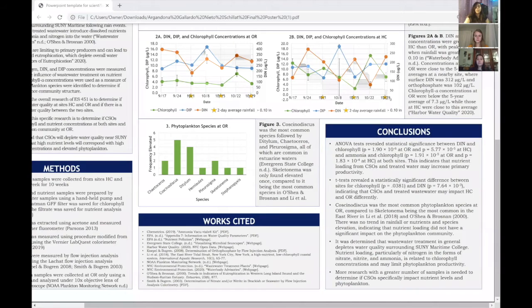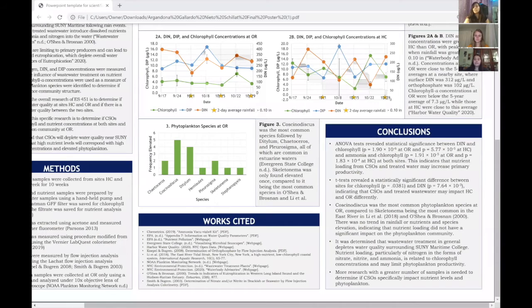As stated previously, it is hypothesized that the CSOs will deplete water quality near SUNY Maritime, and a high nutrient level will correspond with high chlorophyll concentrations and elevated phytoplankton. Our test stated that wastewater treatment in general depletes water quality surrounding Maritime.